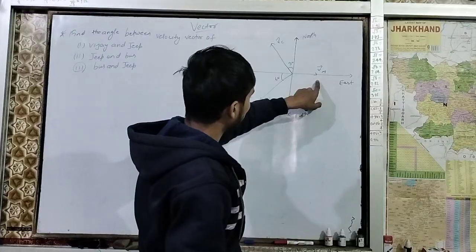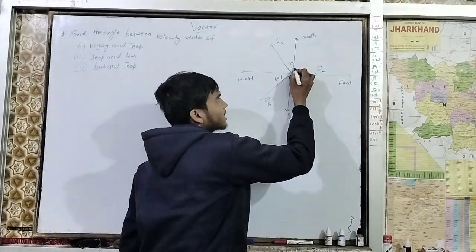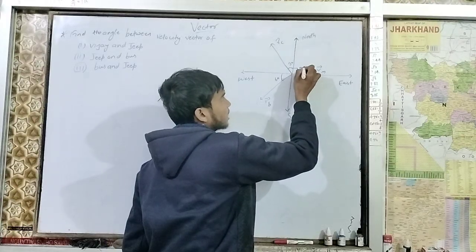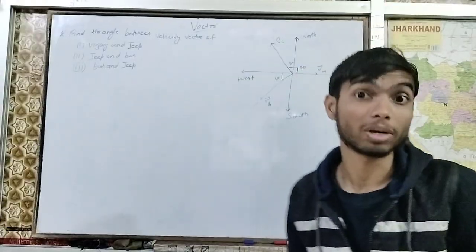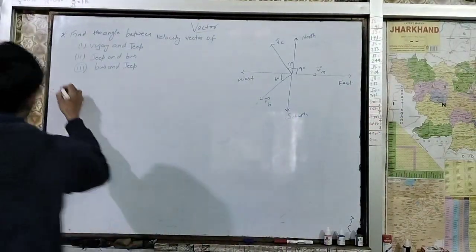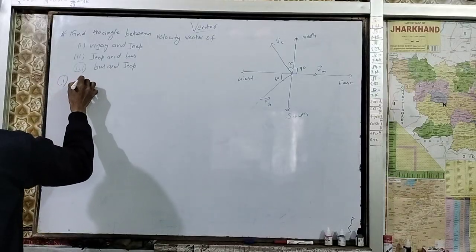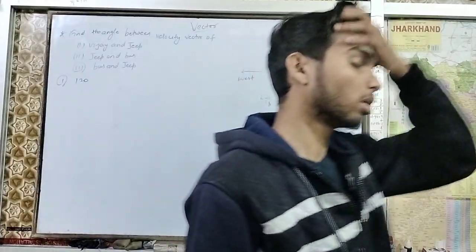This is Vijay and the Jeep is in this one. So you know this is our 90 degree. So 90 plus 30 will be 120 degree. 120 degree is the answer for the first question.